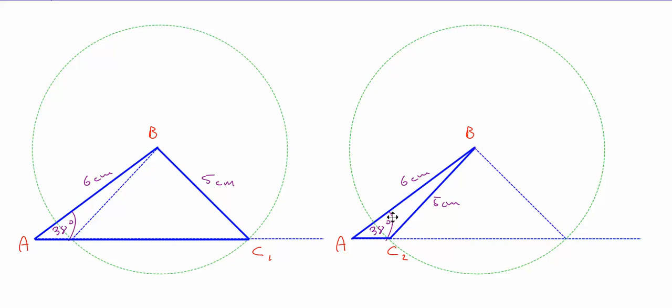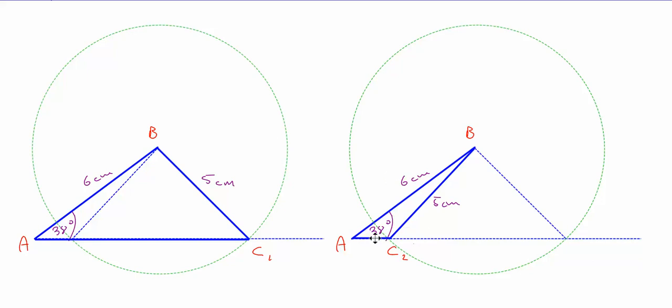AB is still 6, angle A is 38, and BC2 is 5 centimeters. Both of these triangles, which are different triangles, have the same specification, AB 6, BC 5, and angle A 38.